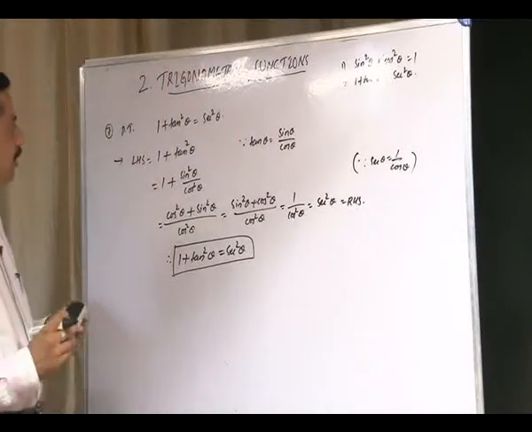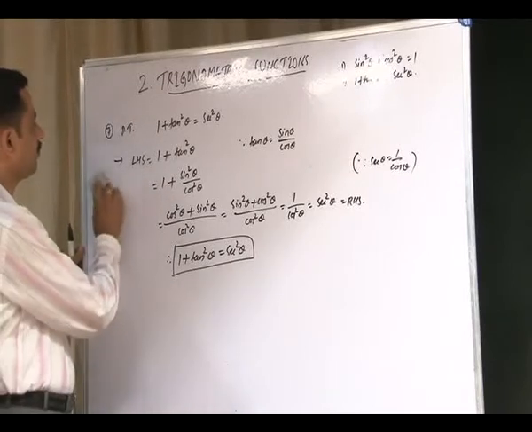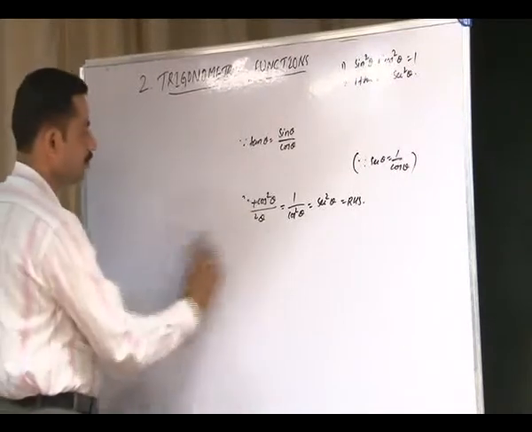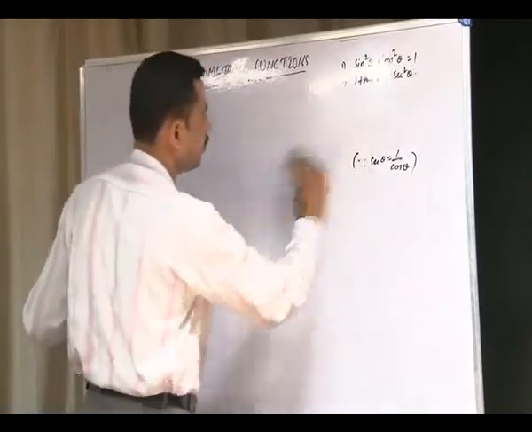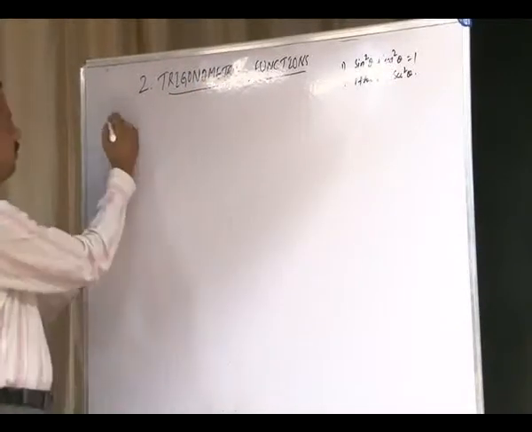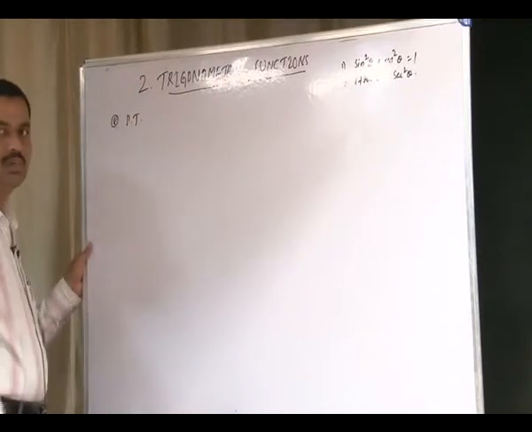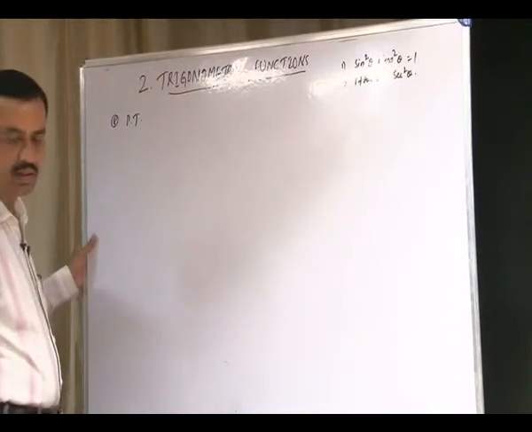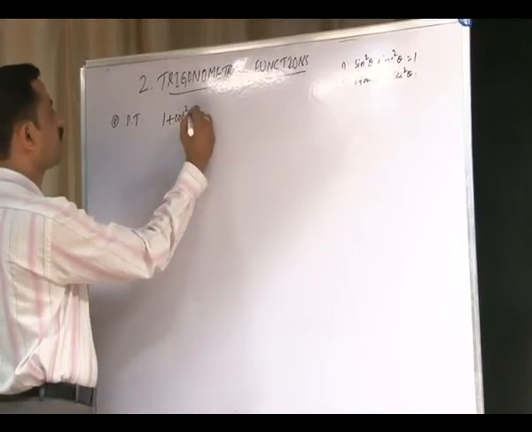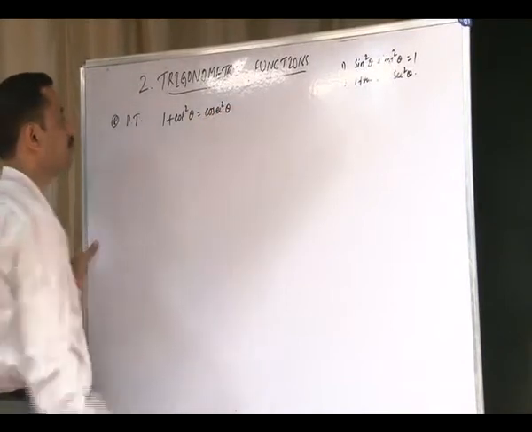Similarly, you can prove another identity also, last one, eighth one, so next identity, prove that 1 plus cot square theta is equal to cosecant square theta.